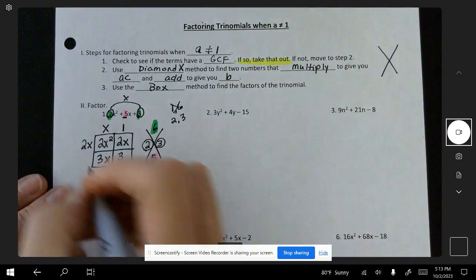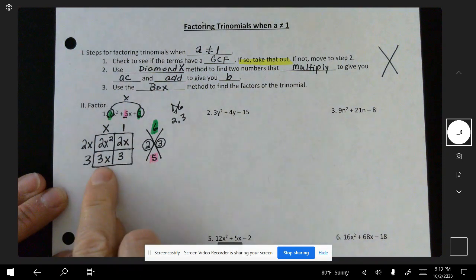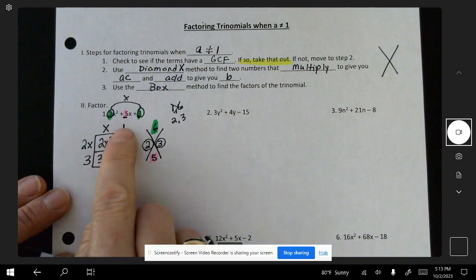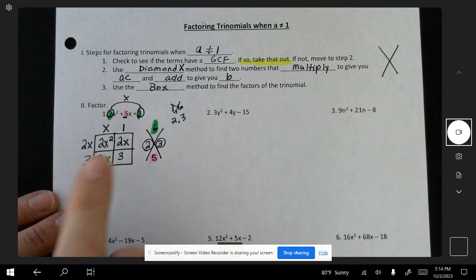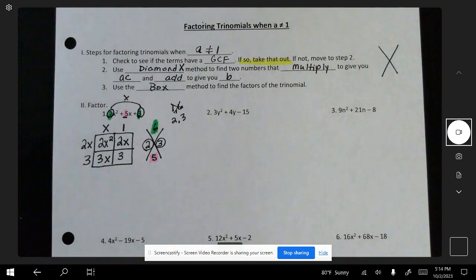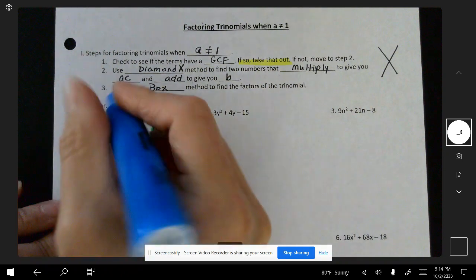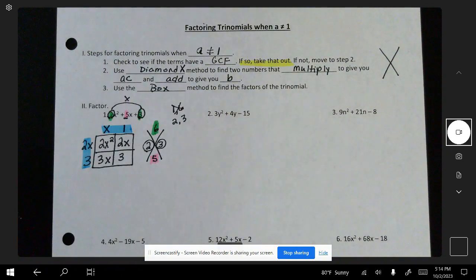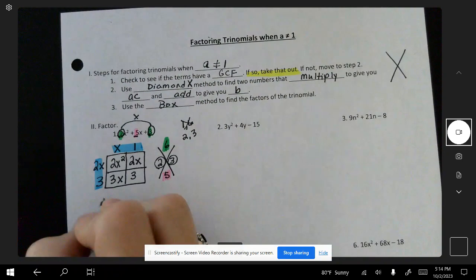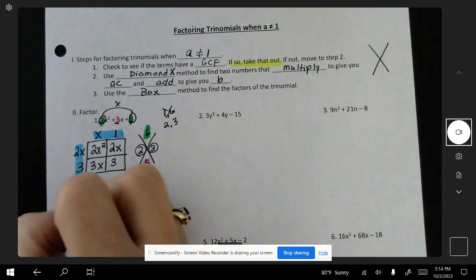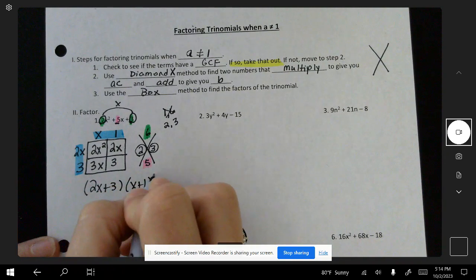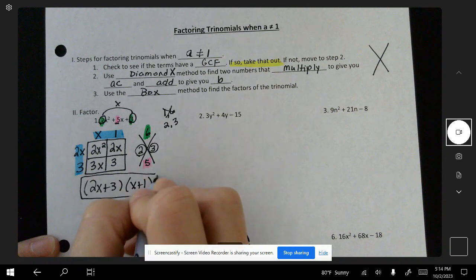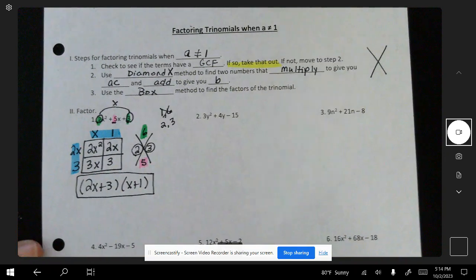X times 3 gives me that 3x. And then 3 times 1 is 3. Okay, so we have our answers right here. Those two inside parentheses. So we've got 2x plus 3 times x plus 1. And that gives us our answer.